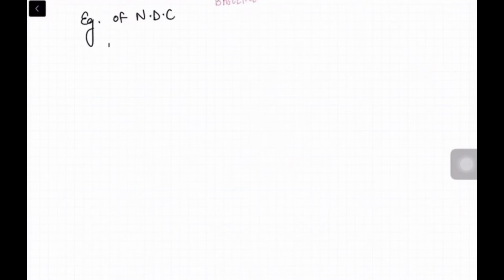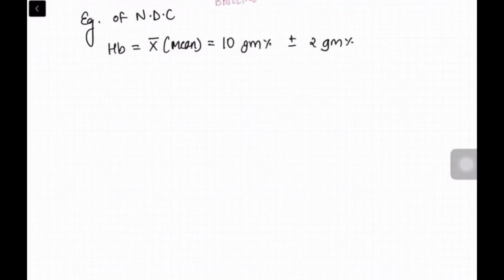Now we'll be seeing the example of a normal distribution curve. Hemoglobin, mean of hemoglobin is 10 gram percentage plus or minus 2 gram percentage. What is this plus or minus 2 gram percentage? This is one standard deviation. Okay.